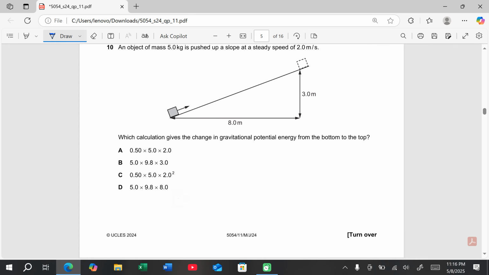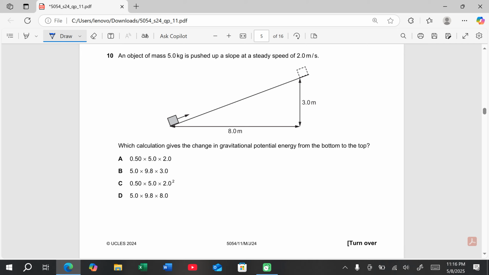In question number 10 it says, an object of 5 kg is pushed up a slope at a steady speed of 2 meters per second. Which calculation gives the change in gravitational potential energy from the bottom to the top?